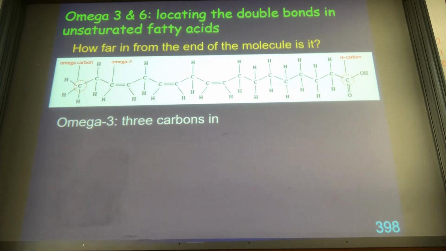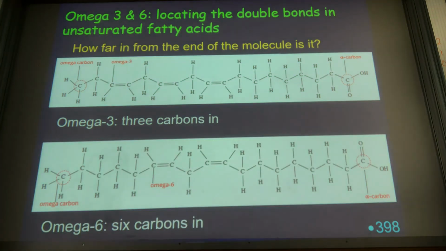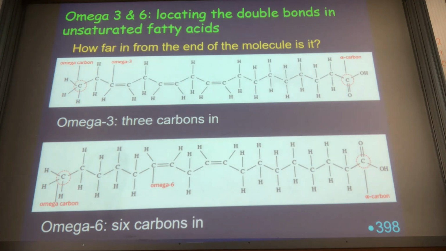So it's the first one we get to, which is how we classify the fatty acid, and this one's got 3, so it's omega-3, 4, 5, 6, 7, 8, 9, so omega-3, 6, 9. The first double bond starts 6 carbons in on this fatty acid, so that is an omega-6 fatty acid.